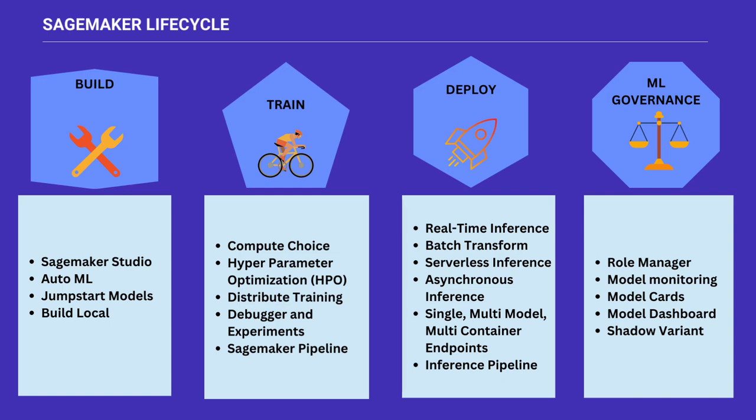permission. Then model monitoring, that is very important, which will provide you information about model drift or if any data drift is happening. Okay. And Model Dashboard is a newly announced service which gives you an overview of all the models in your account. It integrates information with the model monitor and transform jobs.